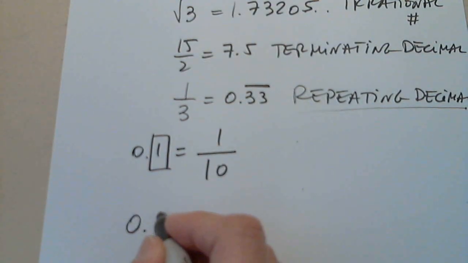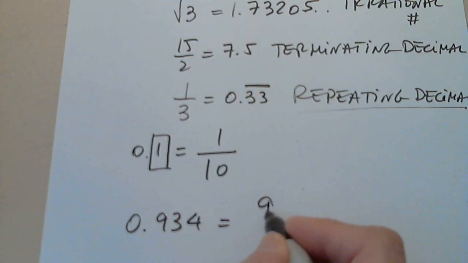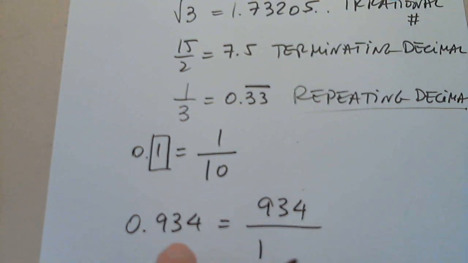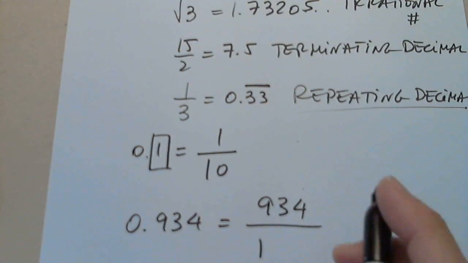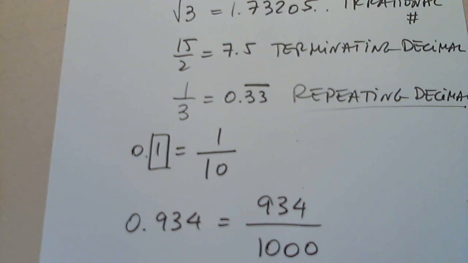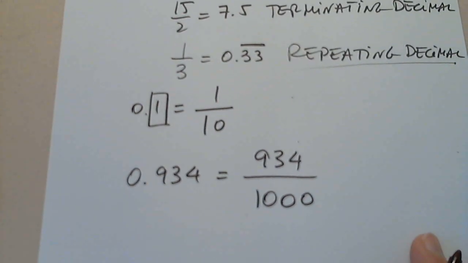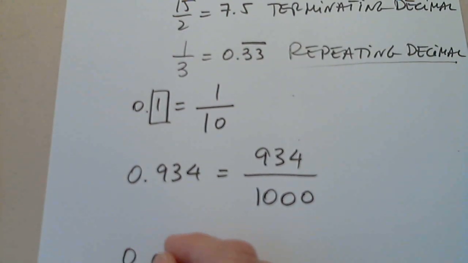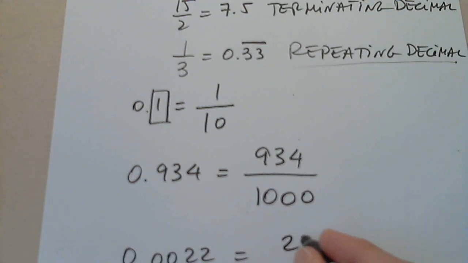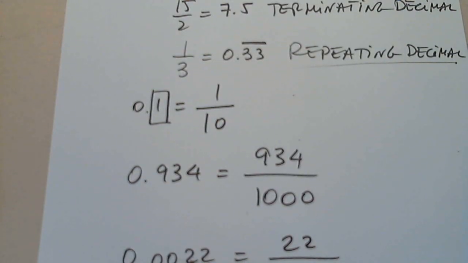So if I have 0.934, it's 934 over 1 followed by 3 zeros. If I have 0.0022, then it's going to be 22 over 1 followed by 4 zeros.